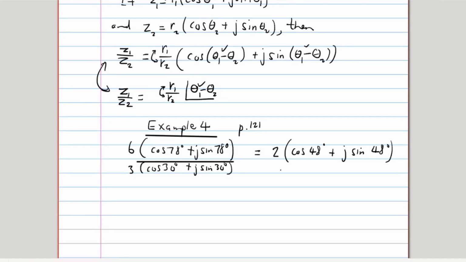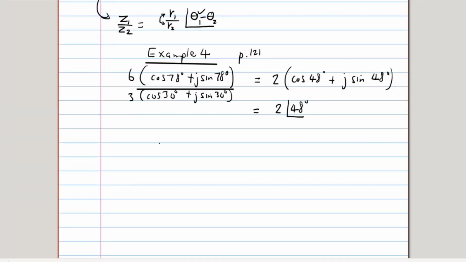Or in shorthand notation, you can just write it as 2 at 48 degrees, okay? Then for activity 3, let's see if we can do those 2 problems, and then we can stop there. I think it's a good place to stop before we start with De Moivre's theorem.